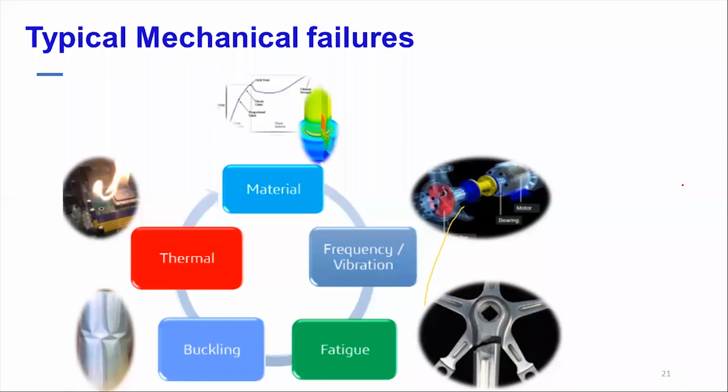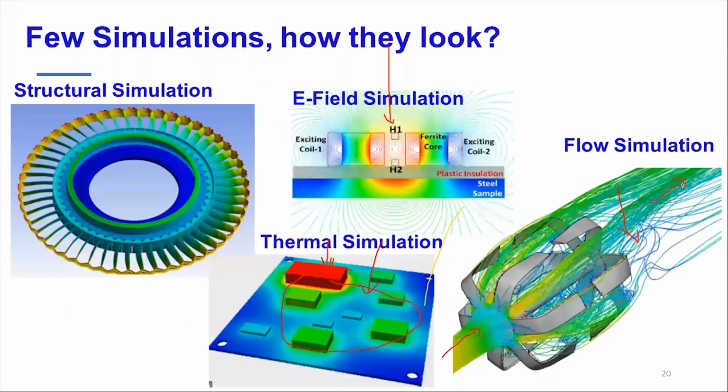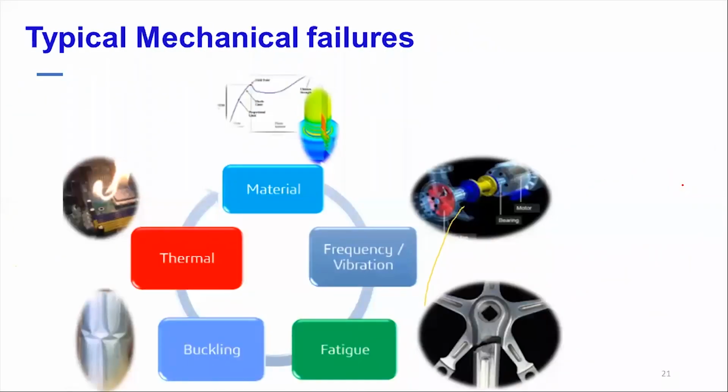Okay, sure. It will really give an overview of how we typically go ahead with fatigue and vibration in simulation. What I have listed here are typical mechanical failures. There are many failures other than these, like creep and wear.